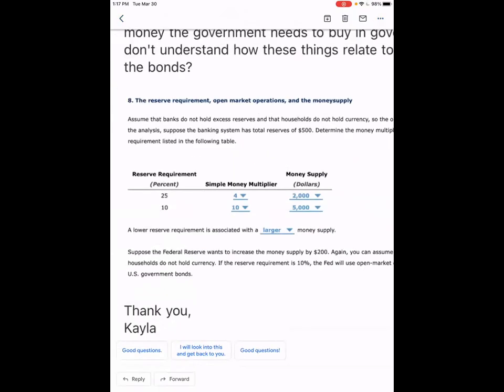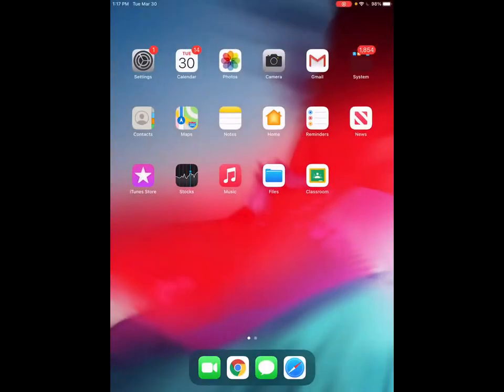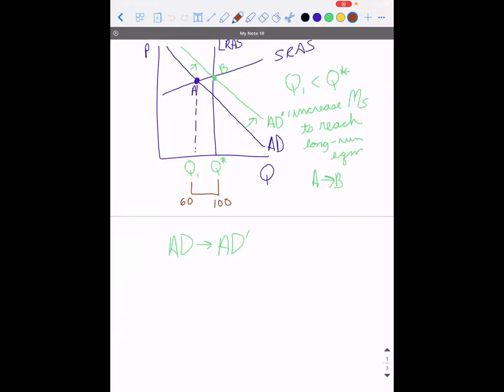Okay, so we've got a reserve requirement of 25 and a reserve requirement of 10. And in both cases, we need to calculate the simple deposit multiplier, or simple money multiplier. Okay. So when the reserve requirement is 25%, the simple deposit multiplier, the simple money multiplier, is 1 over 1 minus the required reserve ratio.